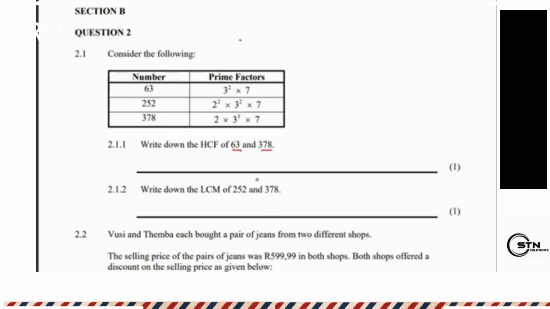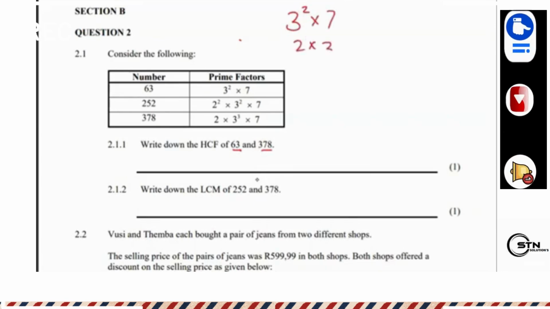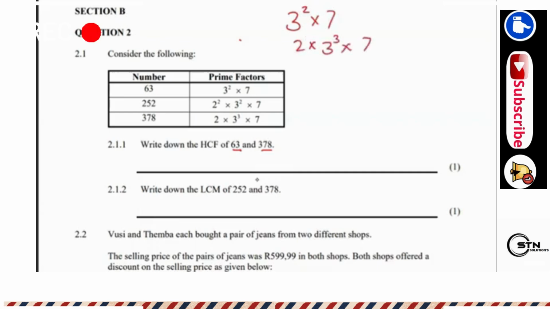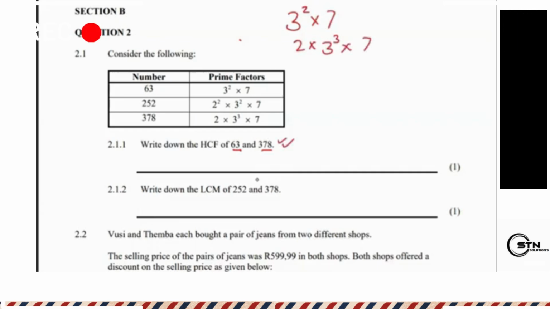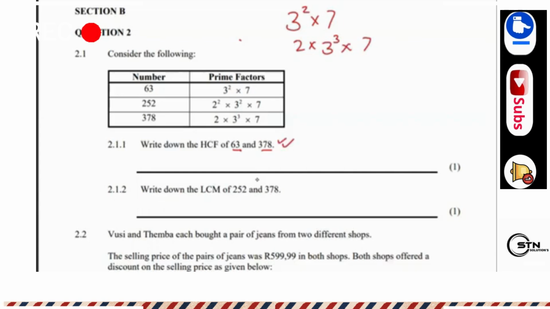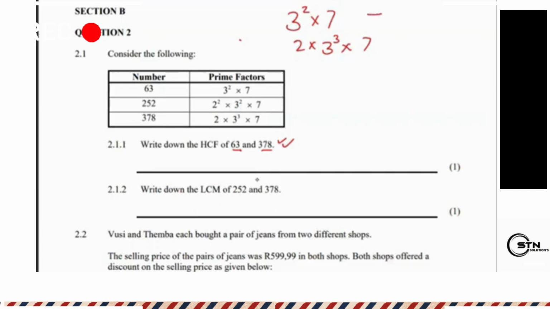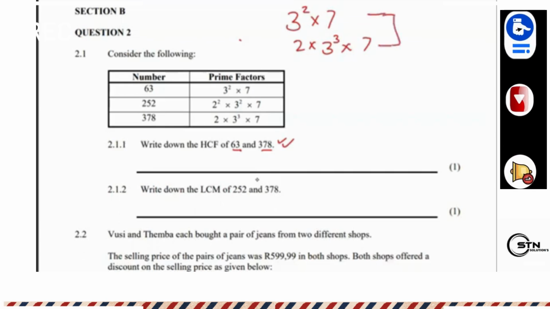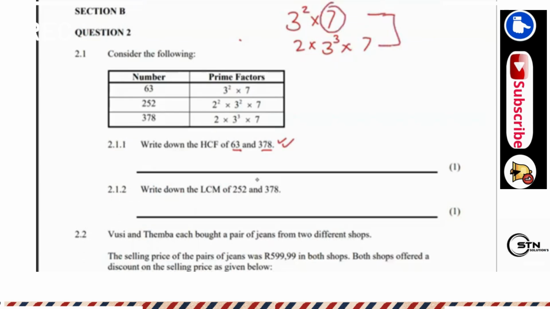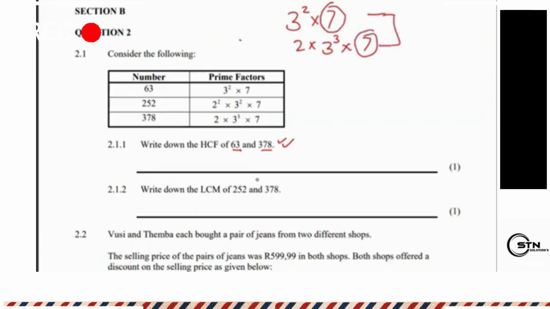So if I'm to just write it here, we have 2 times 3 cubed times 7. When they talk of the highest common factor, we just focus on what is common between the 2 elements, okay? So when I look at these 2, I'm seeing a 7, there's also a 7. So which means 7 is part of the HCF.